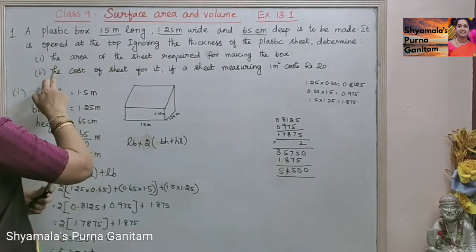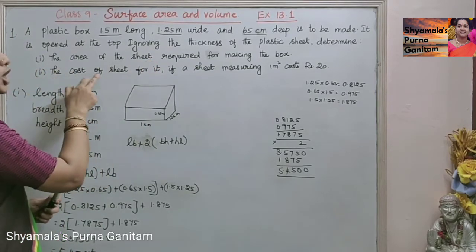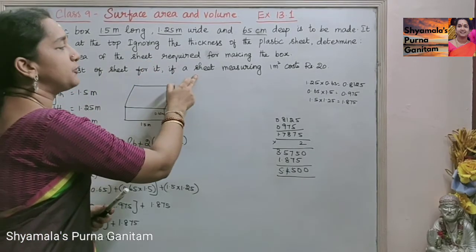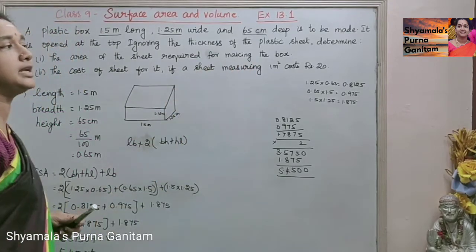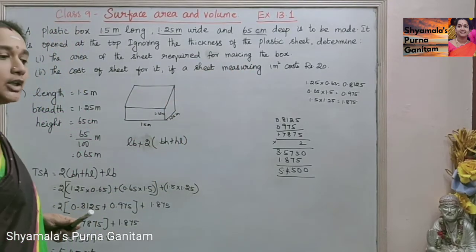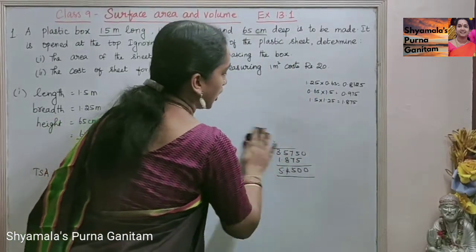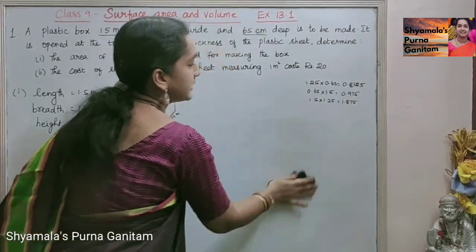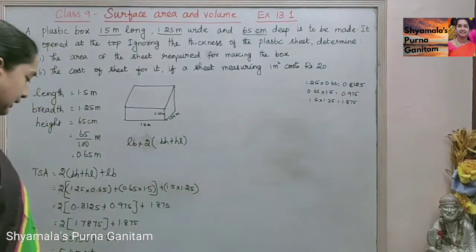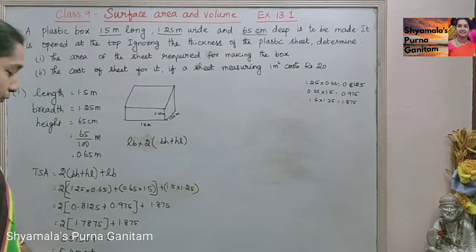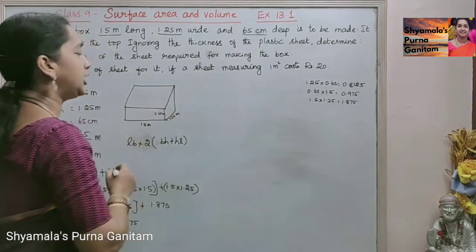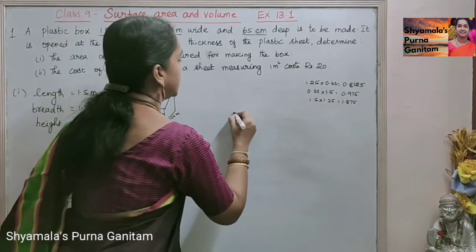This is the first one. Then the second one is the cost of the sheet for it. If a sheet measuring 1 meter square costs 20 rupees, and we got the total surface area as 5.45 meter square, for that we need to calculate the cost.